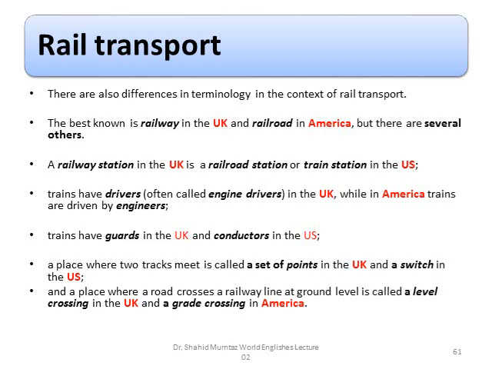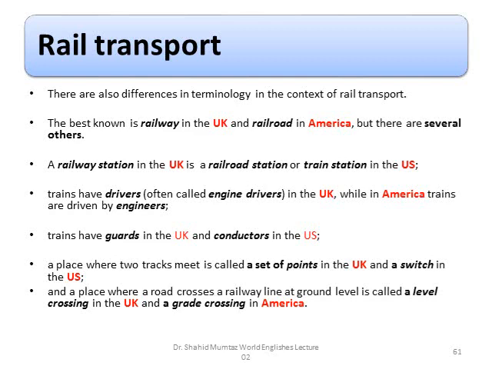Trains have drivers, often called engine drivers. In the UK they are engine drivers or only drivers, and in America trains are driven not by drivers but by engineers. Trains have guards in the UK, and in the US they have conductors.